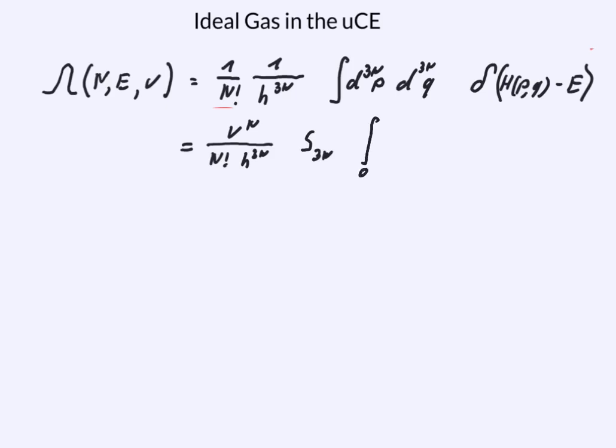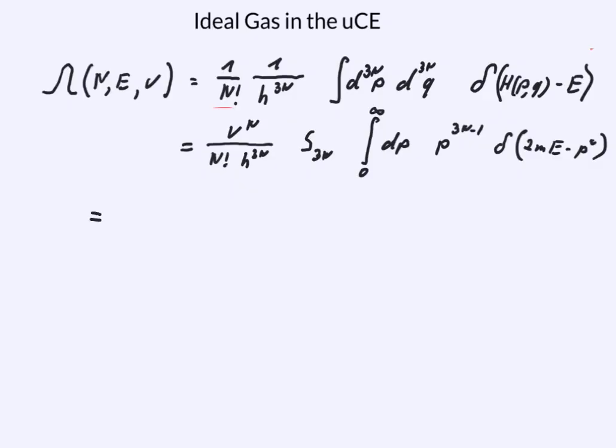We just saw that the 3n dimensional delta function in this case describes a surface on a 3n dimensional sphere. Thus the 3n dimensional integral turns into a one-dimensional integral on p from 0 to infinity, p to the power 3n minus 1 delta of 2mE minus p squared.